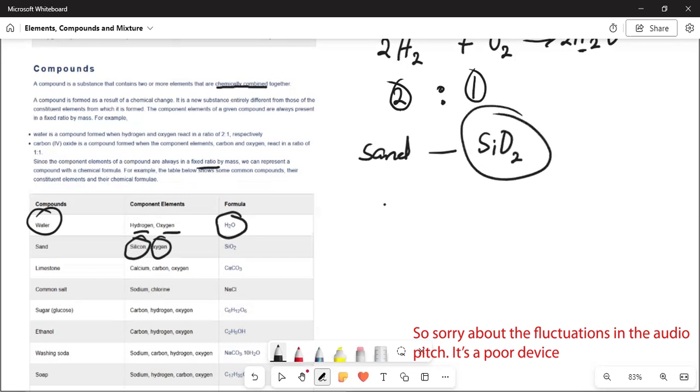That is the chemical formula for sand: SiO2. And limestone, the component elements are calcium, carbon, and oxygen present in fixed ratio by mass. And as long as it is in fixed ratio by mass, then we can represent it with a chemical formula.